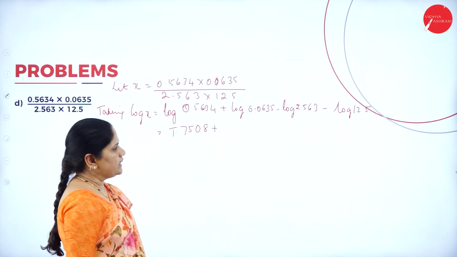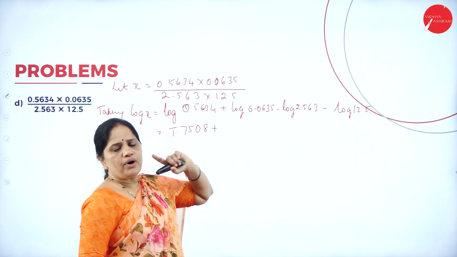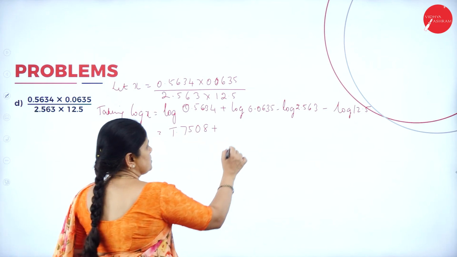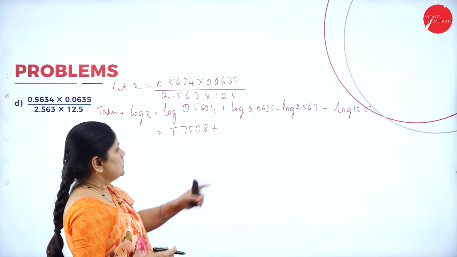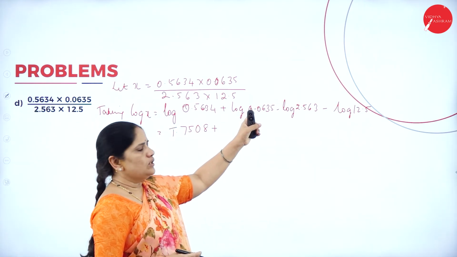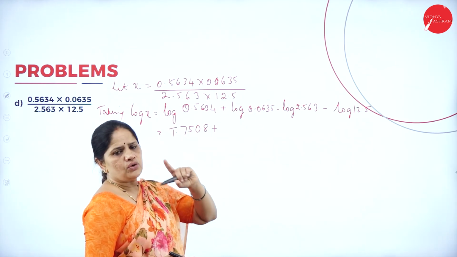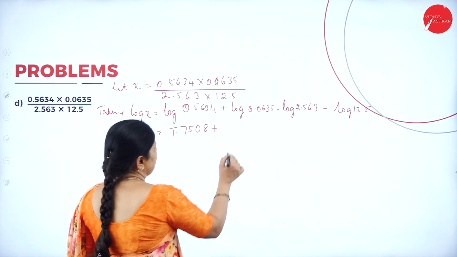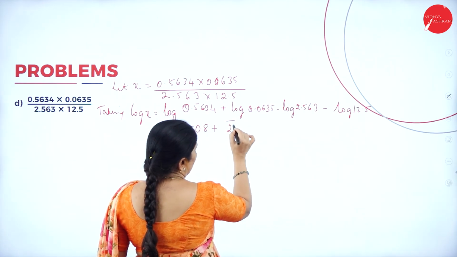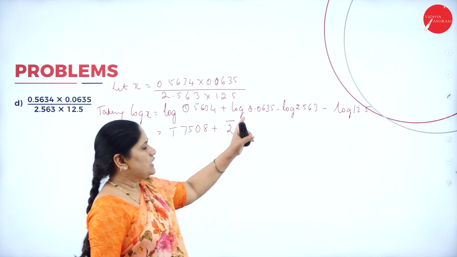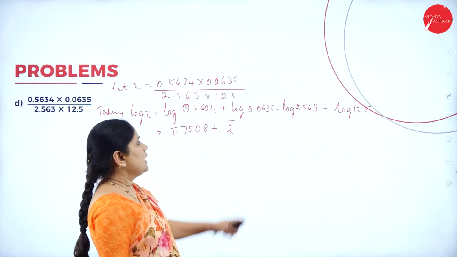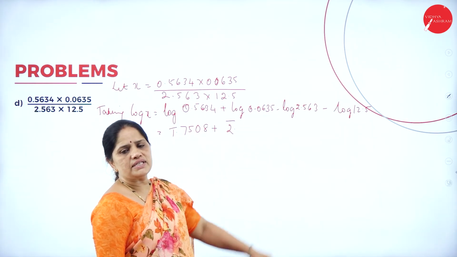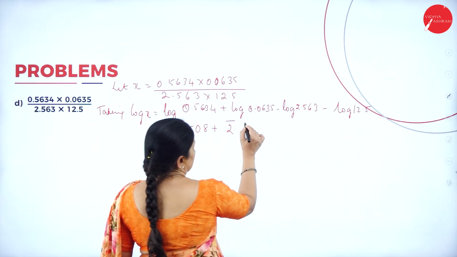Now, again, to the left of the decimal point there is 1 0, and to the right also there is 1 0. So, the value will be 2 bar point. Now, I have to find the value of 635. The value of 635 is 8038.